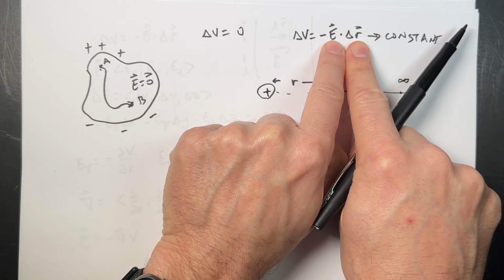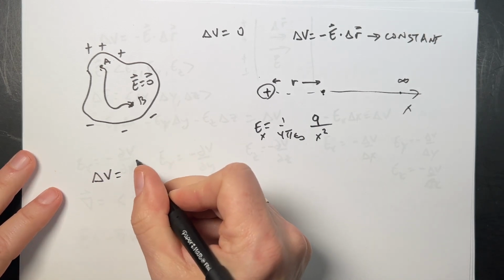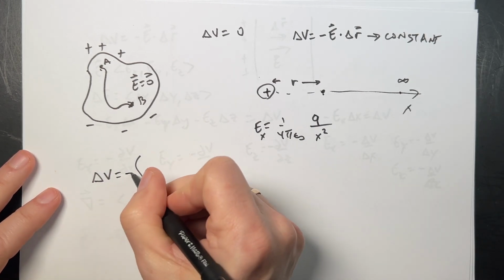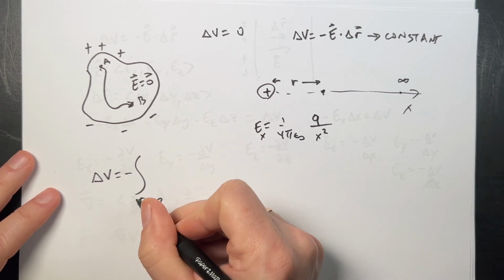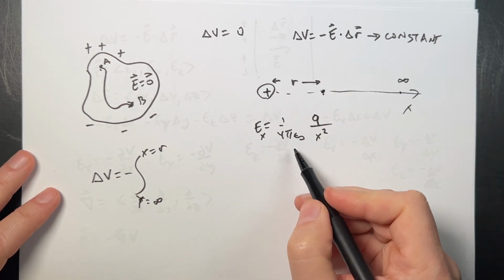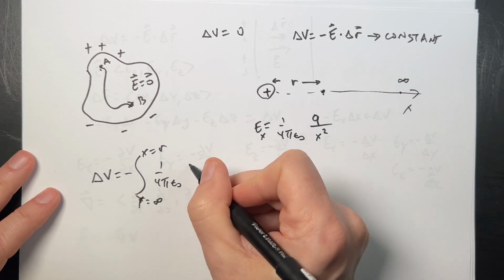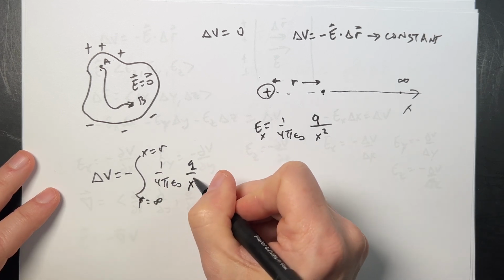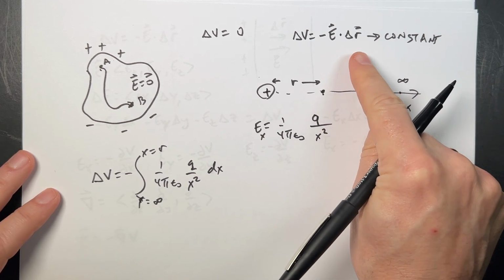So let's do that as an integral. So delta V is going to be negative the integral from x equals infinity to x equals r of my electric field, 1 over 4 pi epsilon naught q over x squared, and then my step size is dx.